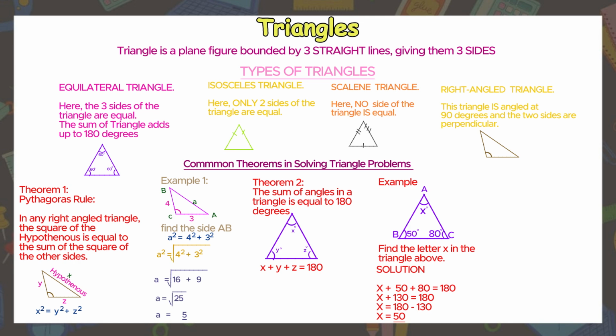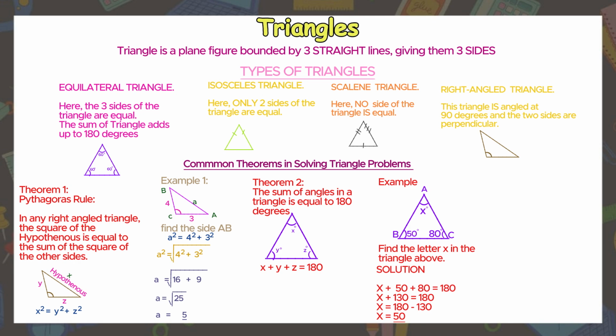Our x is equal to 180 degrees minus 130 degrees. Our x is equal to 50 degrees. So that is the answer to that, going by the second theorem.